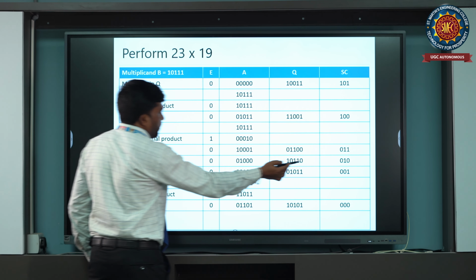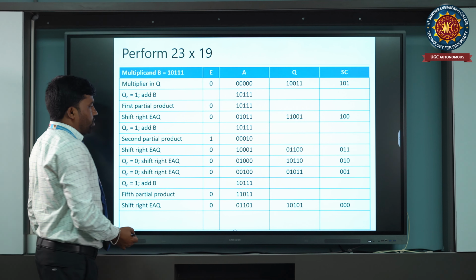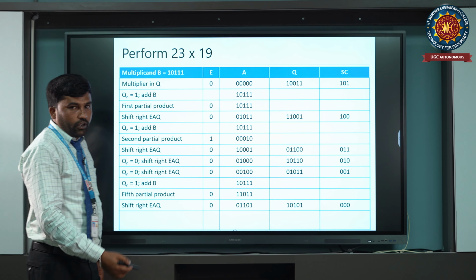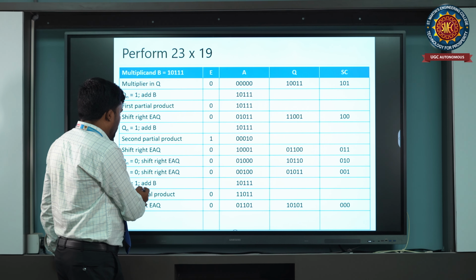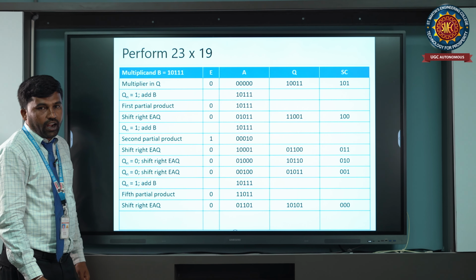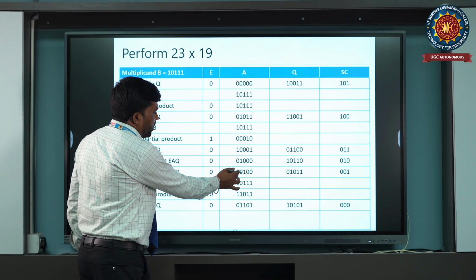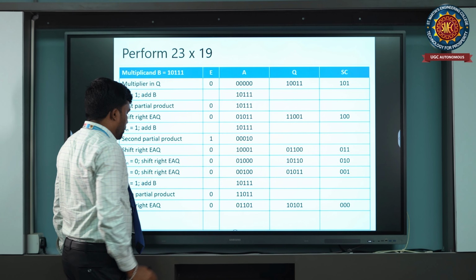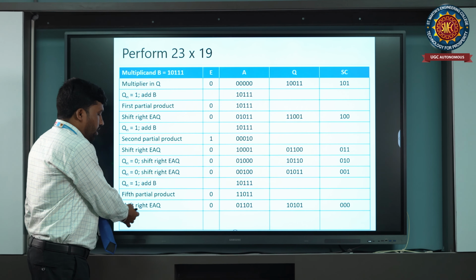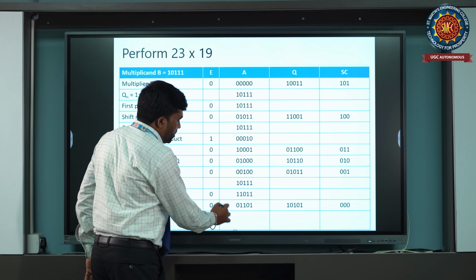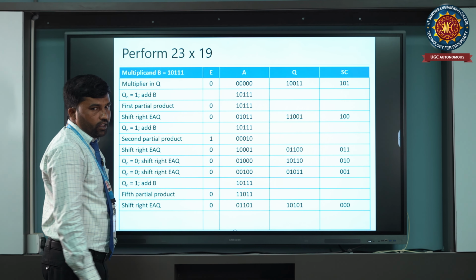Next comes sequence counter 1. What is the Qn? Qn is 1, so again we do the add operation: B is added to A, and we get some output product. Here again we do the shift right EAQ, which means we move the bits to the right again.